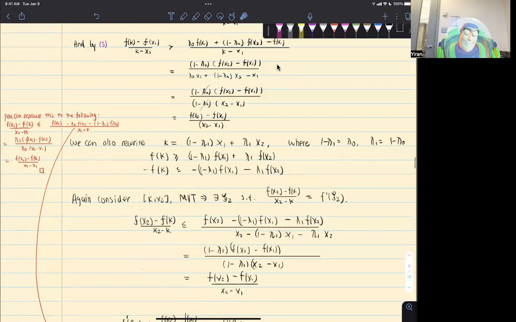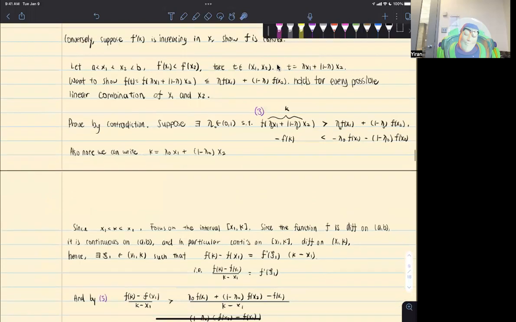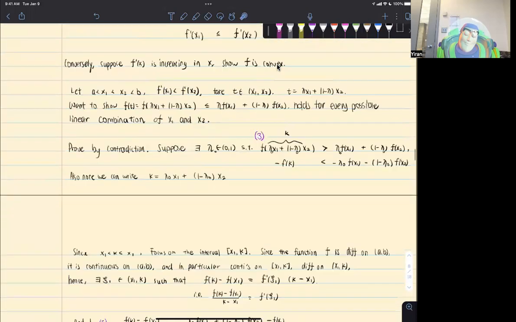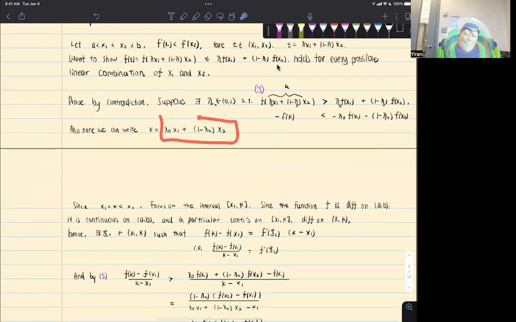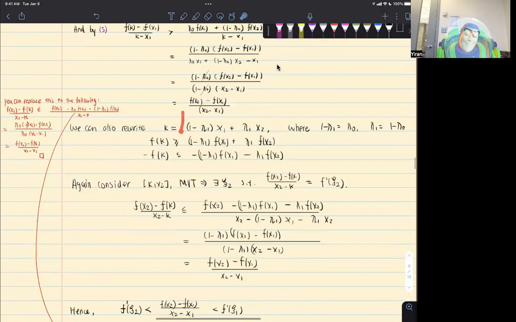Okay, and then we can write k in terms of this. Before, my k is lambda 0 x1. Now I rewrite my k to be this. There's no particular reason. You can also use a method that I wrote here, which is much simpler.